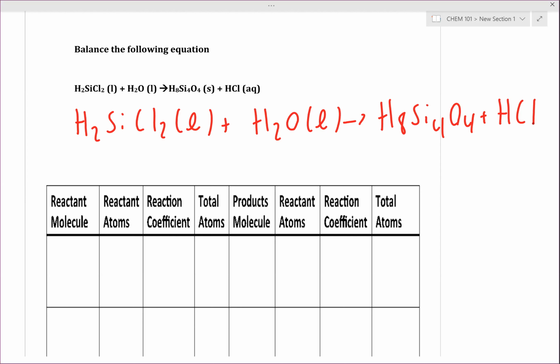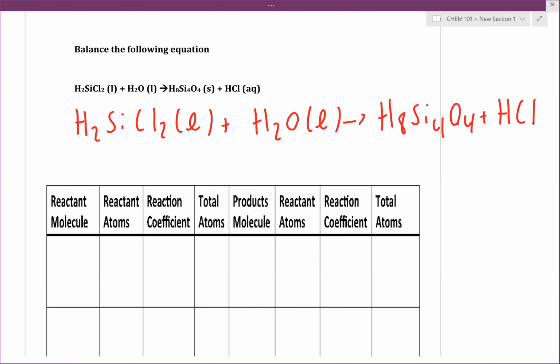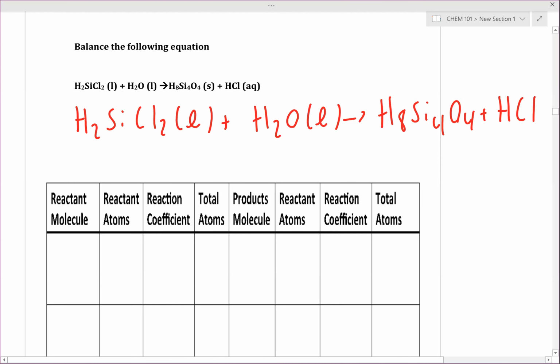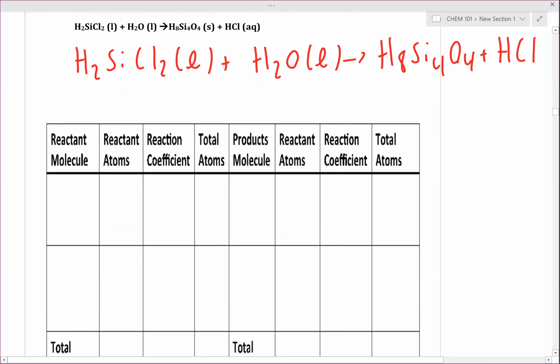So I see a lot of reasonable responses so far. I've even seen some completely balanced equations. So let's now come together and discuss. First things first, I'm going to write each of my reactants in my reactant column, and I'm going to write each of my products in my product column.